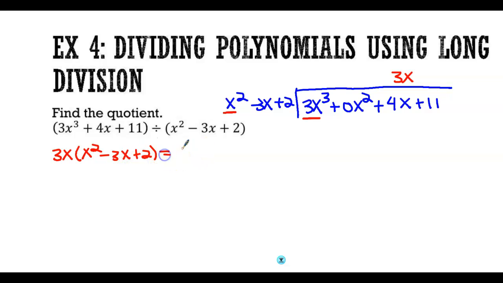I get 3x cubed minus 9x squared plus 6x. Now, if I did not have this placeholder here, I would be shortchanging myself because I'd get a little bit confused on what goes right here or where the negative 9x squared would go.